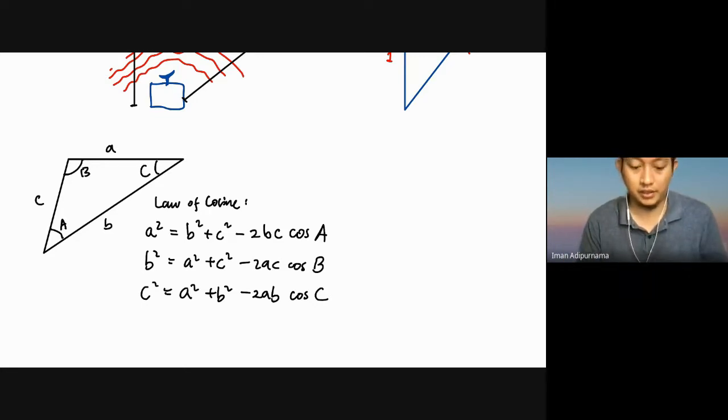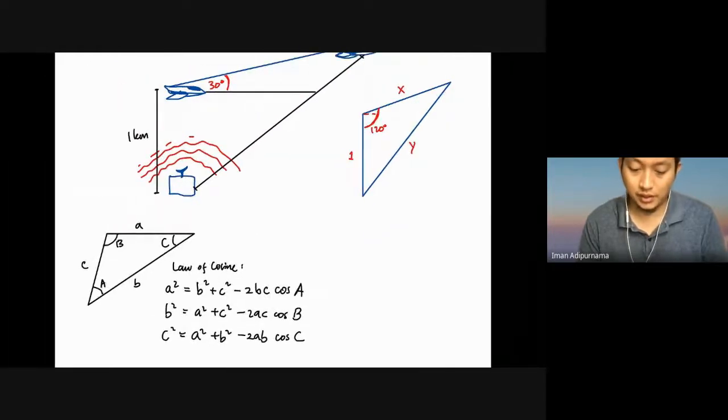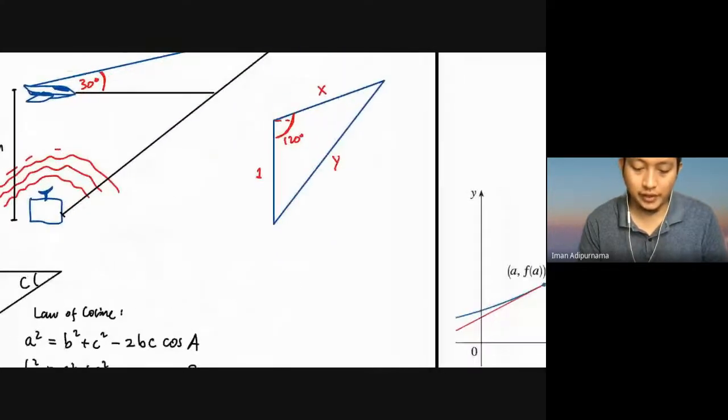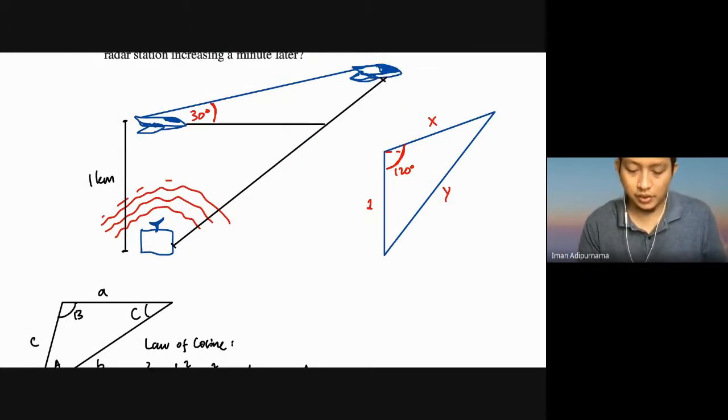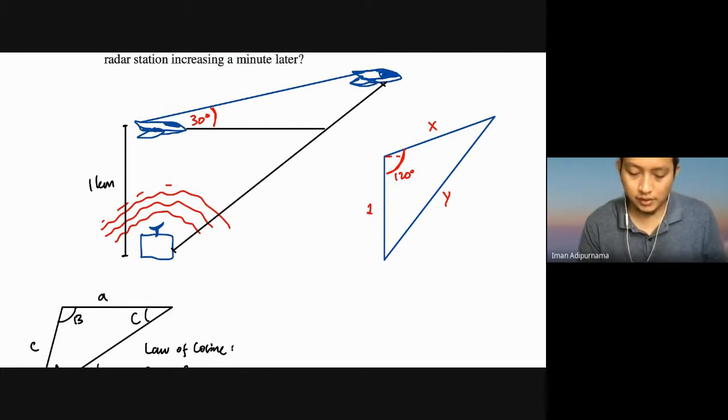I will just give it just as it is. So we can use this expression in our case here. We have x, y, 1 as our sides, and the question is actually this y, right? This distance here, dy over dt.